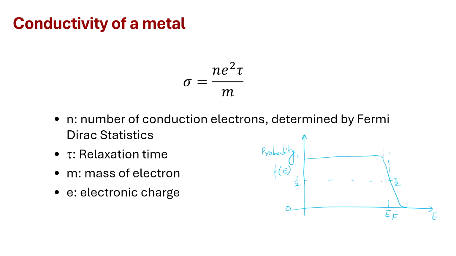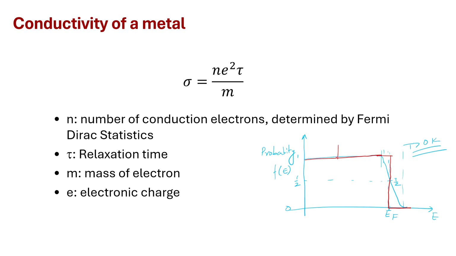So, it is the electrons which are in the vicinity of EF at a temperature greater than 0 Kelvin that conduct. At 0 Kelvin, in metals also, the probability of energy levels being filled is 1 up to this point EF, and none of the energy levels above EF are filled.